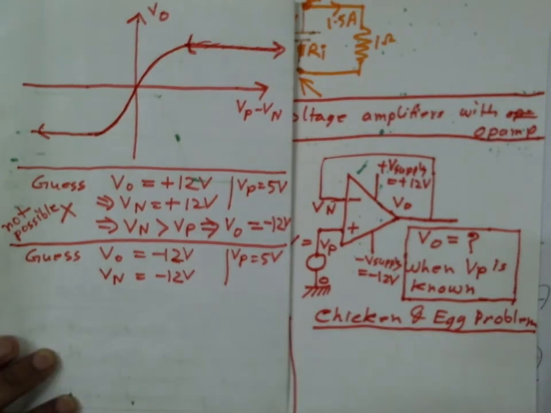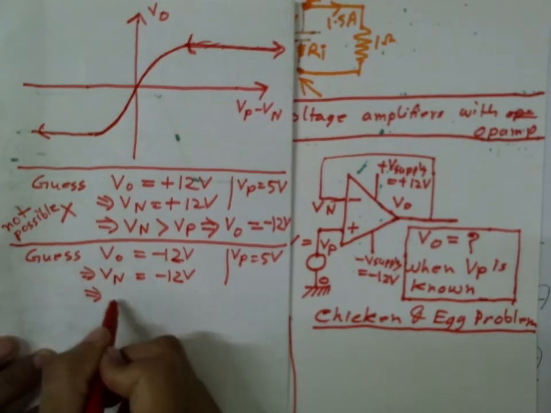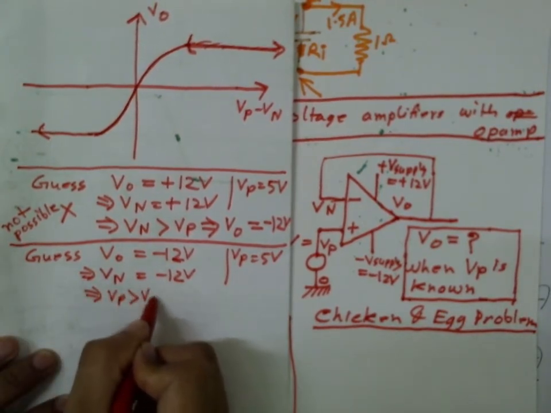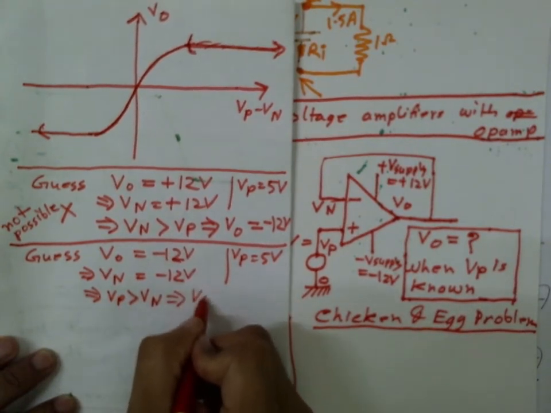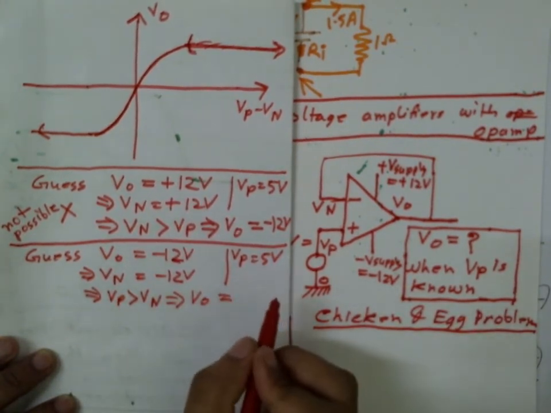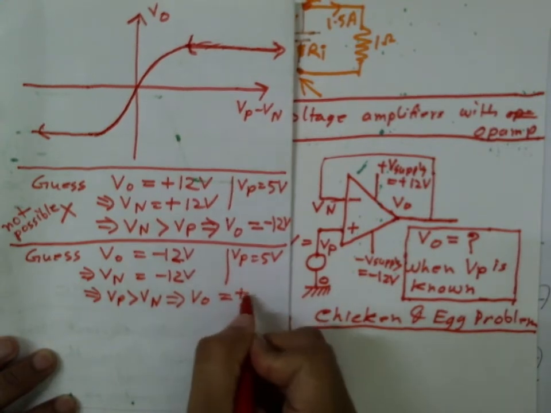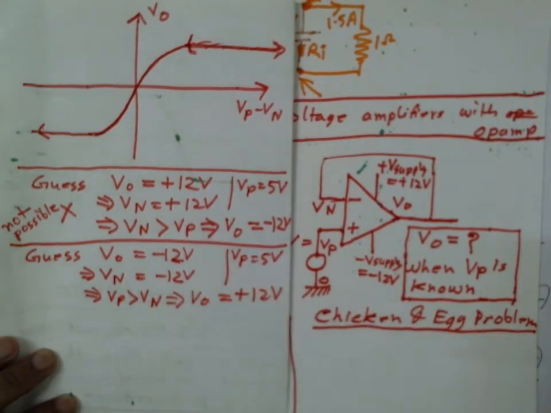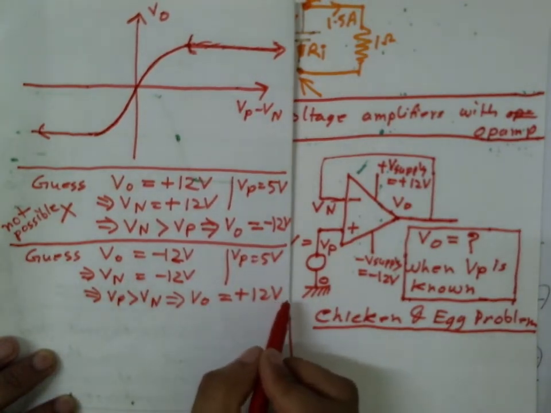Vp is higher, and if Vp is higher, then Vo should be equal to negative or positive. It should be positive, plus 12 volt, because Vp is higher. Vp is positive, Vn is negative, so this should be plus 12 volt.